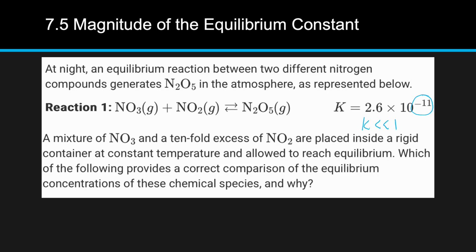And what that means is that this equilibrium is going to be heavily reactant favored, or lie to the left. So with that information, we know that the concentration of our reactants is going to be much greater than the concentration of our products.